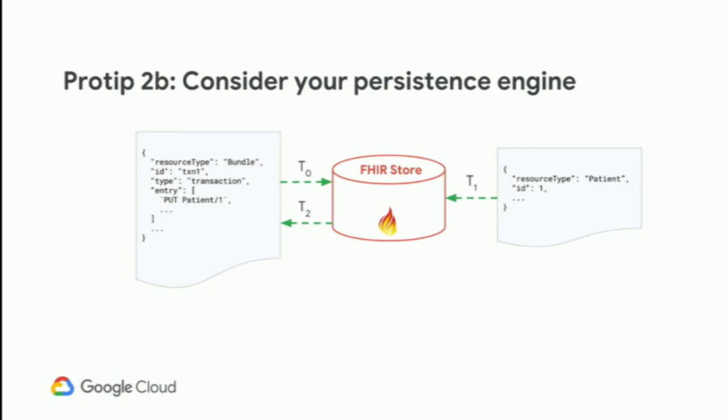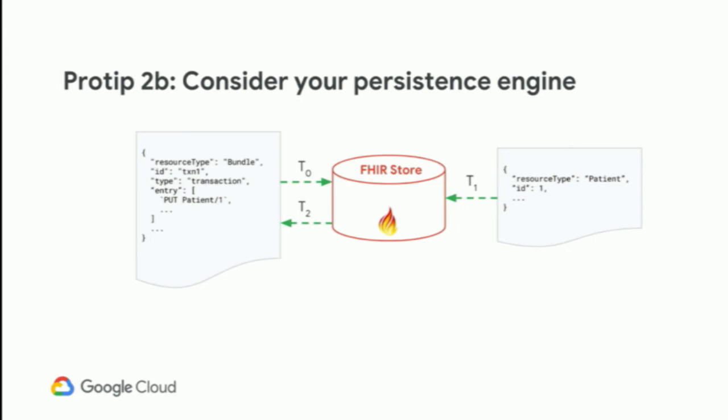These are notoriously complex, particularly if your underlying database technology doesn't have transactions. So again, our implementation built on Spanner enforces transactions so that if a request comes in with maybe hundreds and hundreds of resources in the bundle, and then independently of that request, another request comes in to update the same resource, depending on your underlying database, you will either end up in a state where the transaction looks like what you thought it does, or it looks like what you thought it did with a slight mutation.